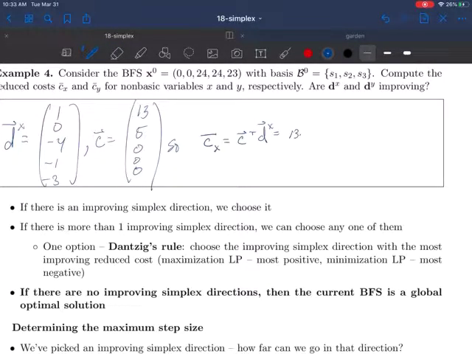Actually, let's write this in a way that is respectful of the order. It's not going to change the calculation. It's 13 times 1 plus 5 times 0, plus 0 times minus 4, plus 0 times minus 1, plus 0 times minus 3. And of course that equals 13, which is positive.